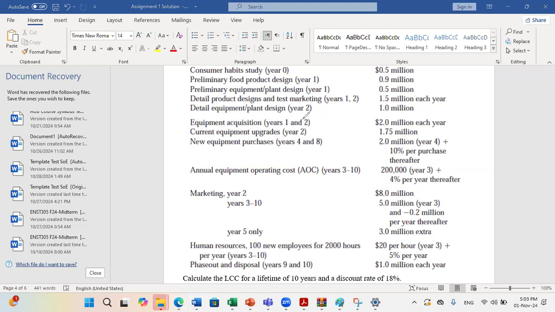So to assess the cost of equipment cost, here, because it's just from 1 to 2, there's no need to apply the summation. You can just divide in 2 terms. And you say 2 over 1.18 to the power 1 plus 2 over 1.18 to the power 2. It's easy. No need to apply summation.